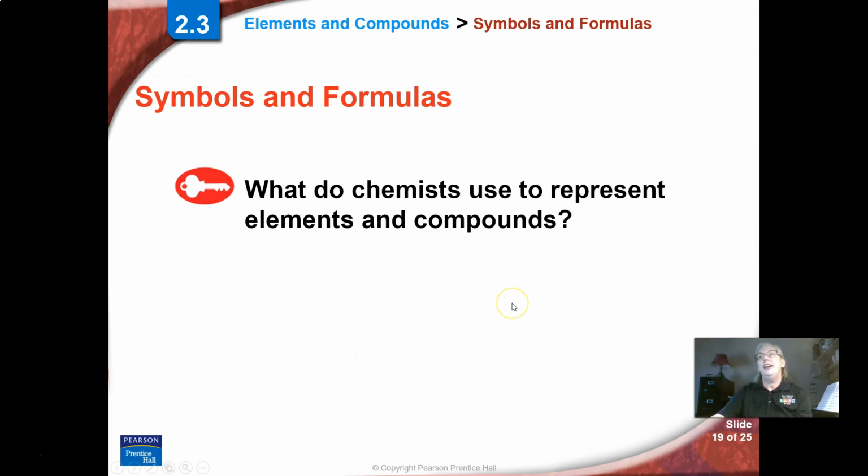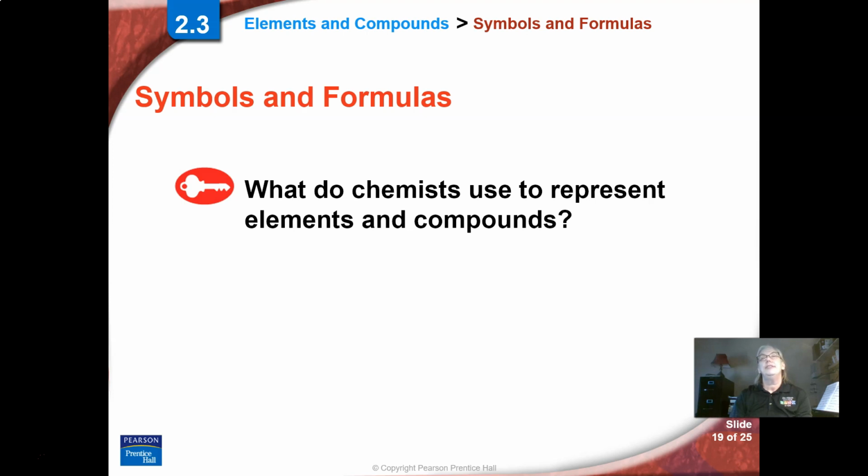I talked about the periodic table a little bit. We're going to use symbols for all of the elements that we see on the periodic table because it just makes things easier and faster for chemists, because we like to write everything in shorthand because we don't want to write too much. So we're going to have everything as a symbol. You don't have to memorize them. You'll get used to them, and you'll always have a periodic table to use throughout the class.